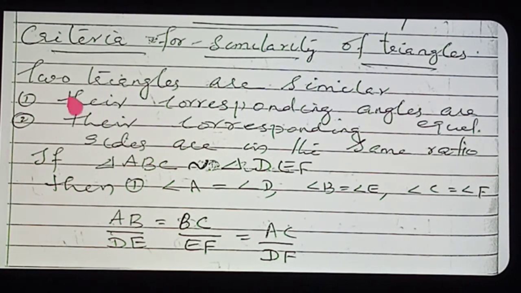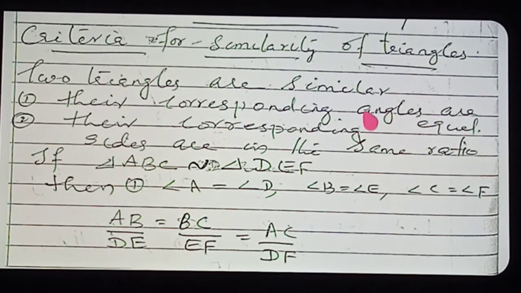Listen here. If two triangles are similar, then their corresponding angles are equal and corresponding sides are in the same ratio. Say this several times in your mind.